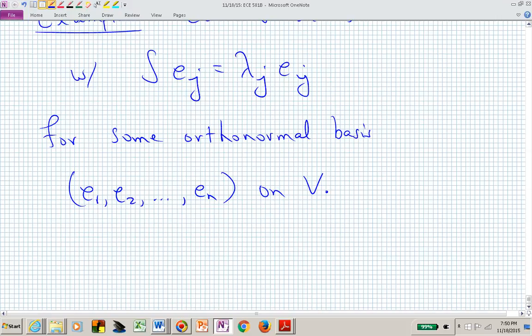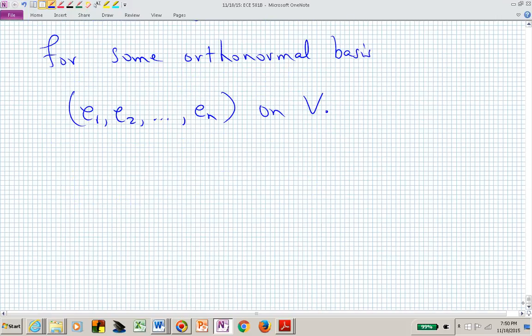If we impose this norm constraint or norm preserving property on this operator S, does that in fact force some particular relationship on these eigenvalues lambda sub j? Does it enforce some kind of structure?